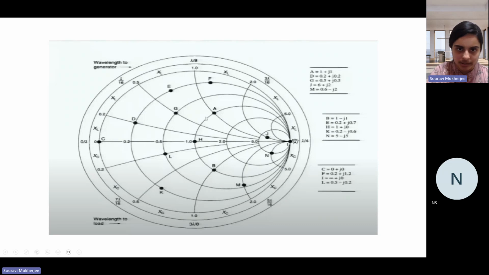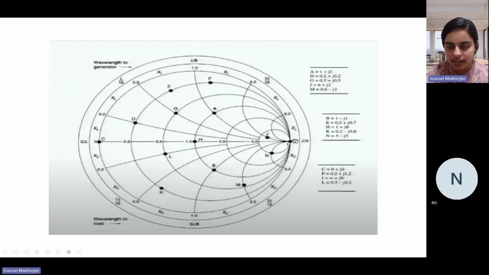Then, the imaginary part is again 1, so you go along this line, and the intersection of the two gives you this particular complex quantity, which can represent some normalized load impedance.